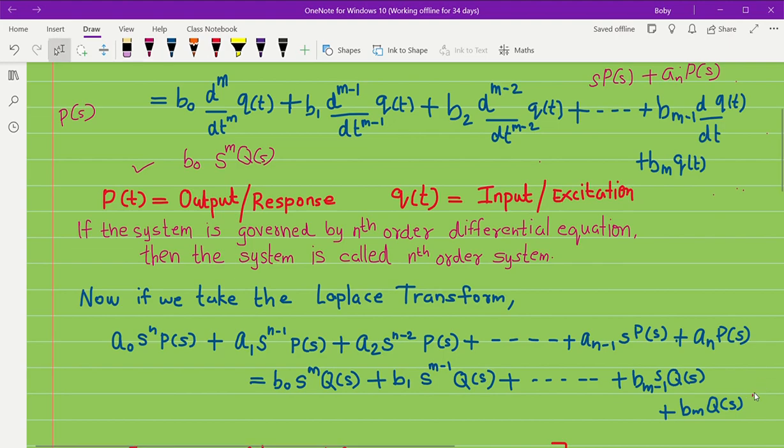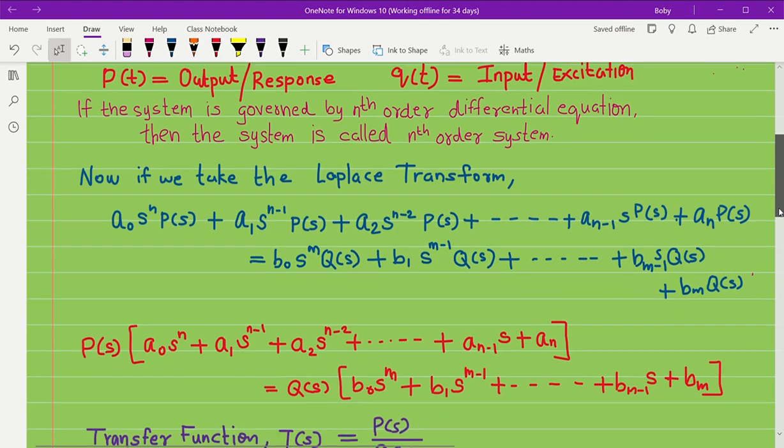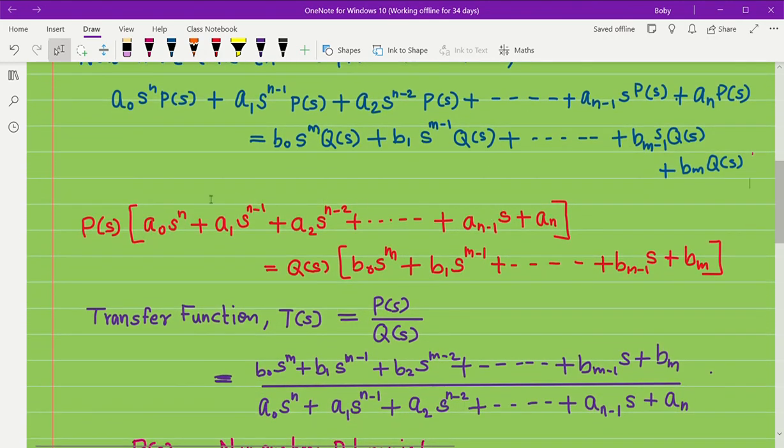So when we take p of s outside on the left hand side, what remains there? a0 s power n, a1 s power n minus 1, a2 s power n minus 2 plus etc., a n minus 1 s plus an. Here p of s is gone outside.